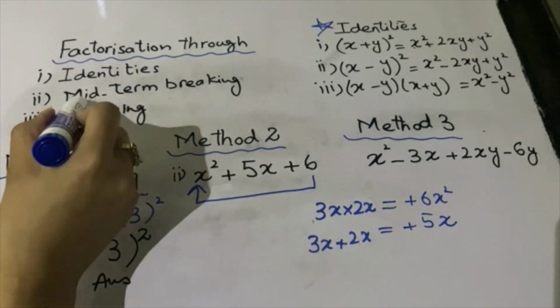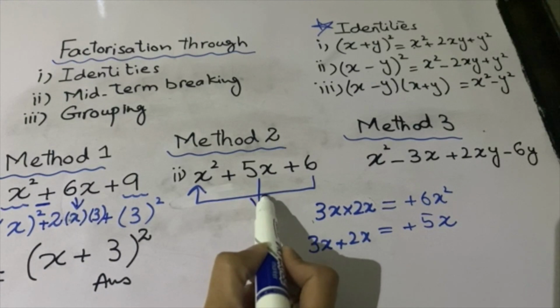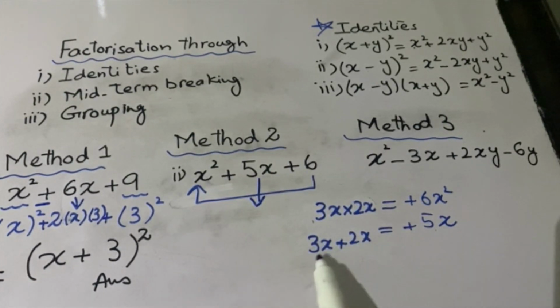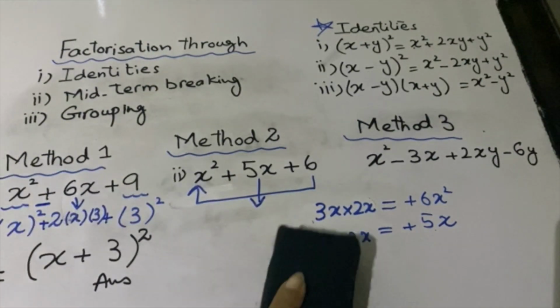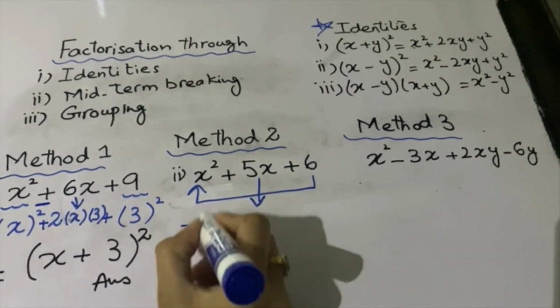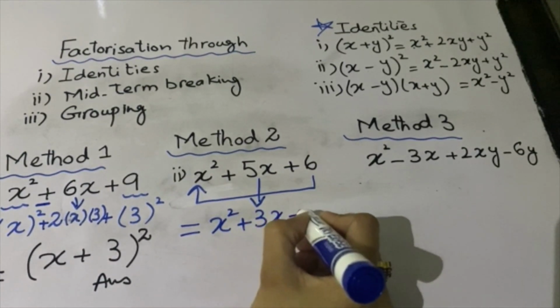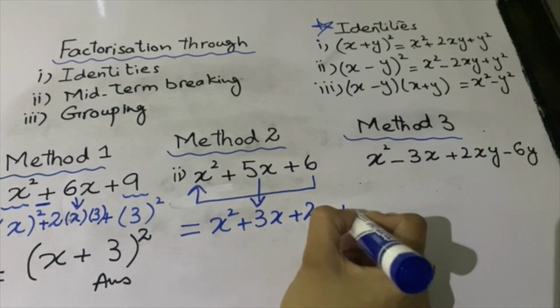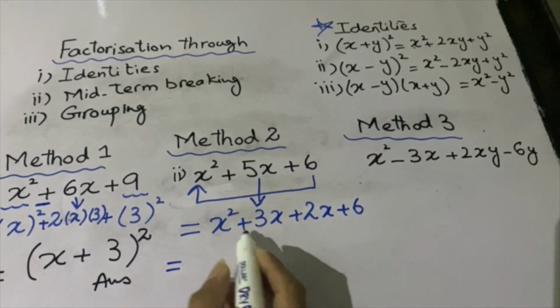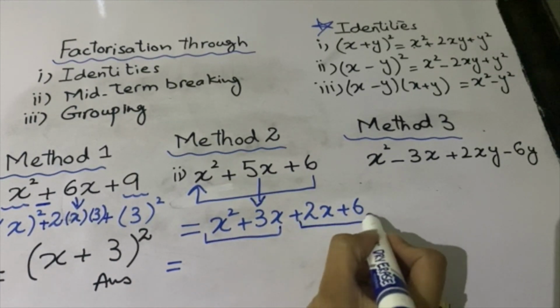Now the method says that this is middle term breaking. So what is the middle term? This is the middle term. So you will break this middle term, this 5x, into 3x plus 2x. I'm going to write it this way: x square plus 3x plus 2x plus 6. Now you have 4 terms. You are going to take common from 2 terms at a time.